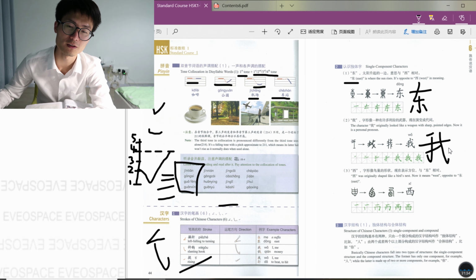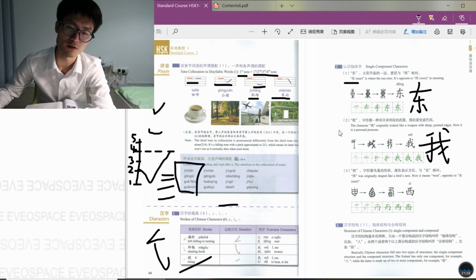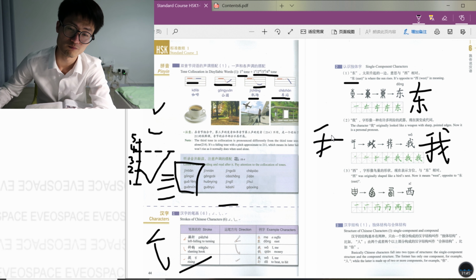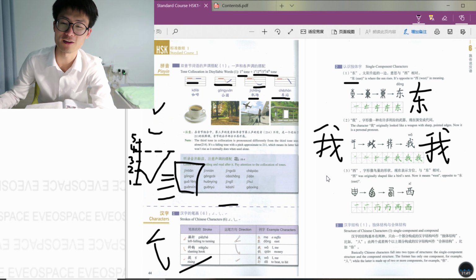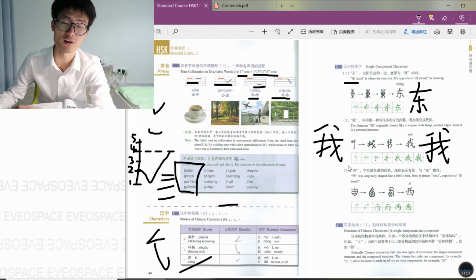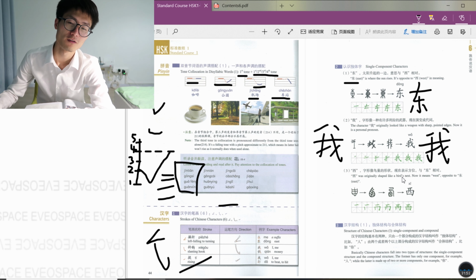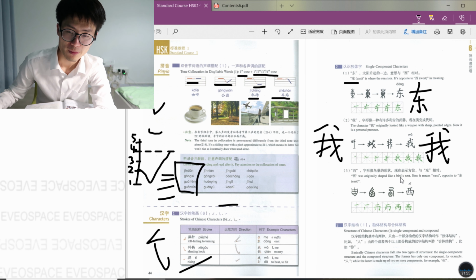Okay, that's how you write it. Okay, I'll write it again. Okay, pretty complicated, I think, for a beginner. Okay, for a learner.